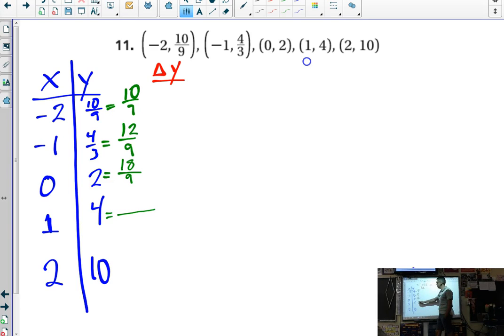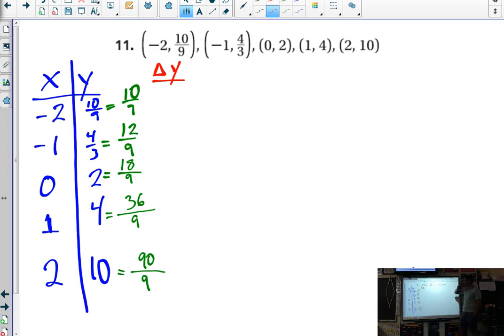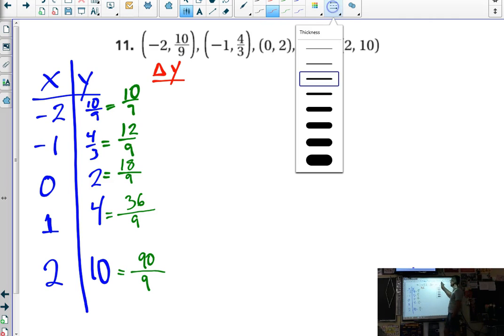4 will become, and 10, this one's easy. Wow, that got so much easier, didn't it? No. I mean, it's slightly easier, but I wouldn't say so much in any stretch of the word.